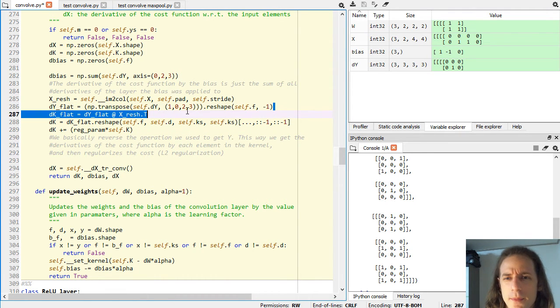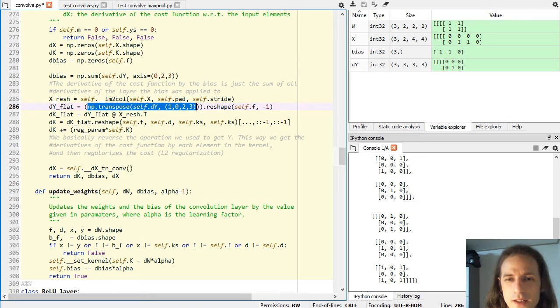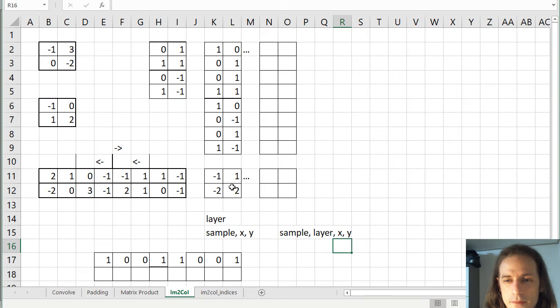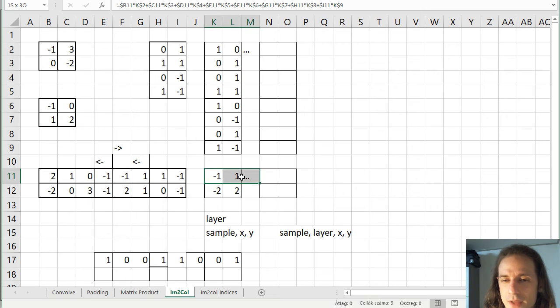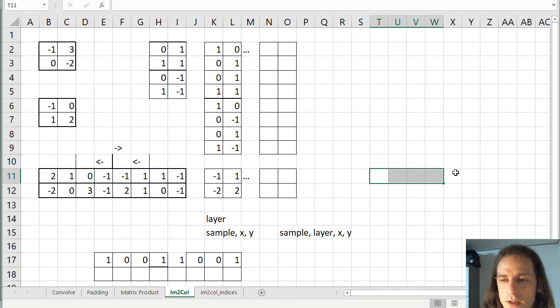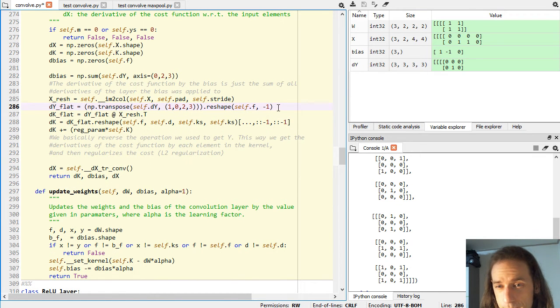So we reshape. This is basically very easy because this part with the y values is just flattened out like lines and rows and columns. So each line is here, first line, second line, third line, and then next sample, first line, etc. Very easy.